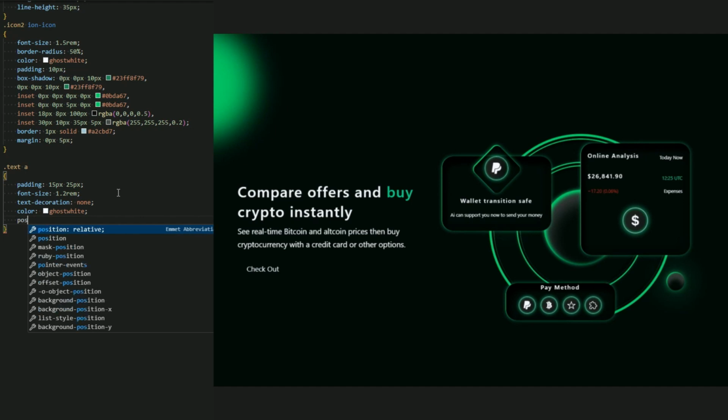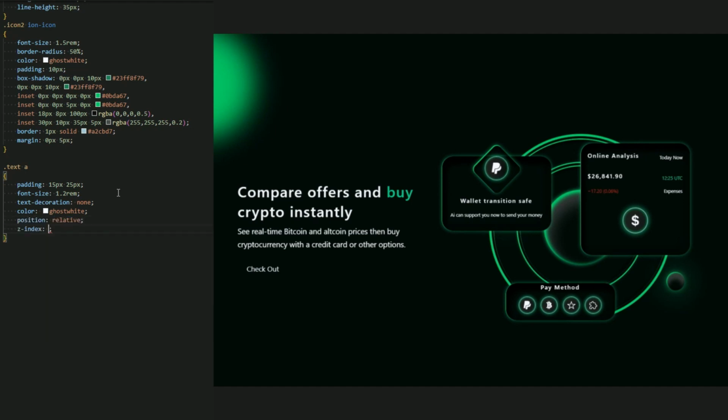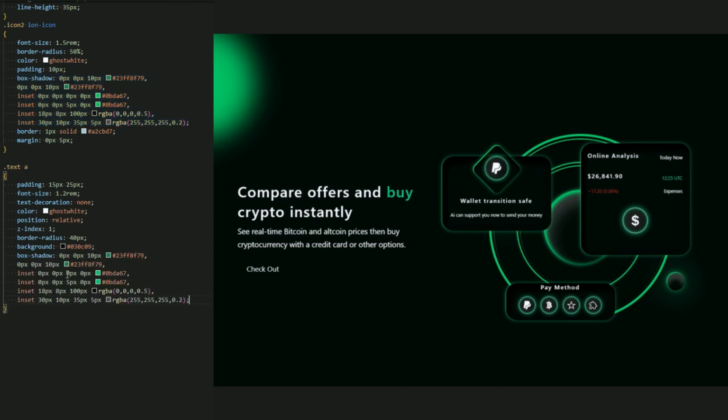Position relative, z-index 1, and border radius 40 pixel. The background, let me add the back color of this, and the box shadow, let me just copy this, paste it here. The box shadow, let me use this 3 pixel, I think, yes, and yeah, 10 pixel, 10 pixel, 3 pixel, 5 pixel. Yep.